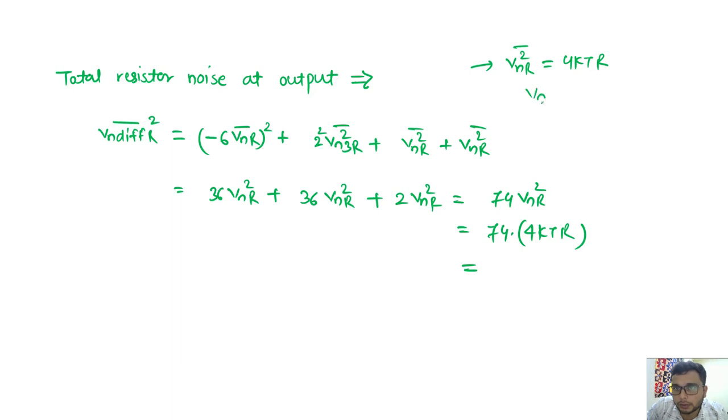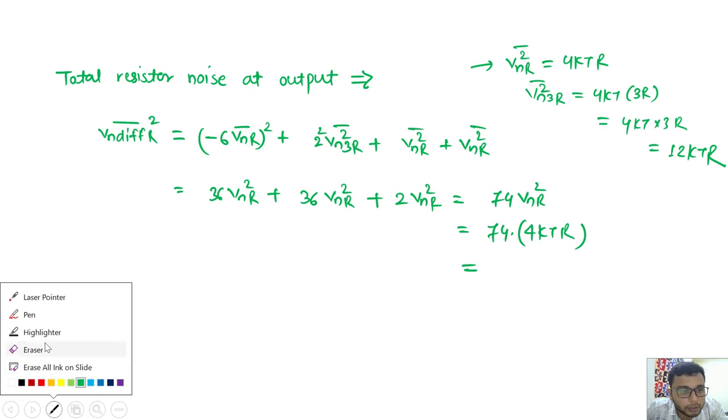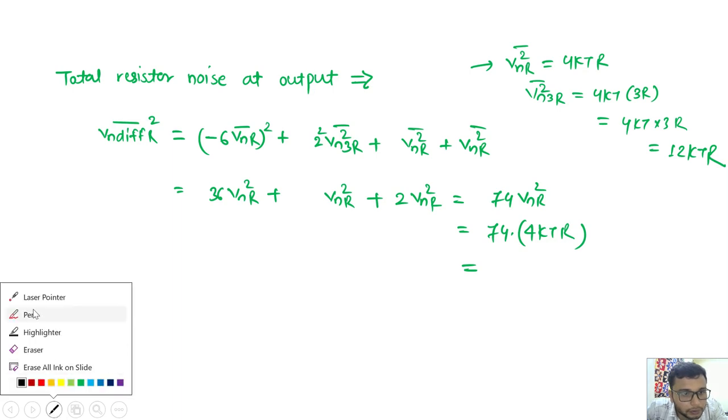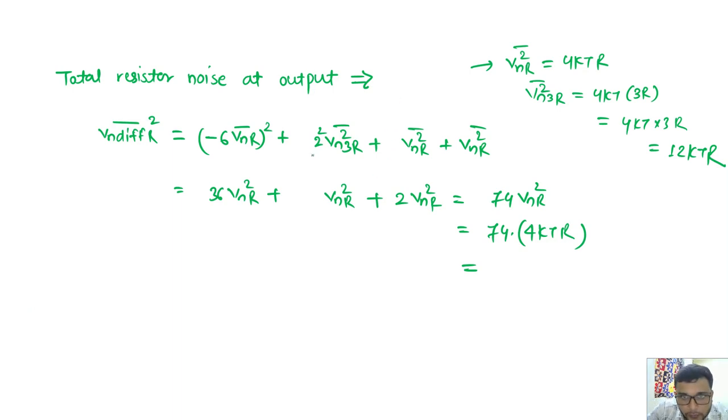So what is the Vn of 3R square? It will be 4 KT into 3R, that is 12 KTR. I think something is written incorrectly here. So it will not be 9; this is corrected here. So it will be 4 into 3, 12 Vn of R1 square.